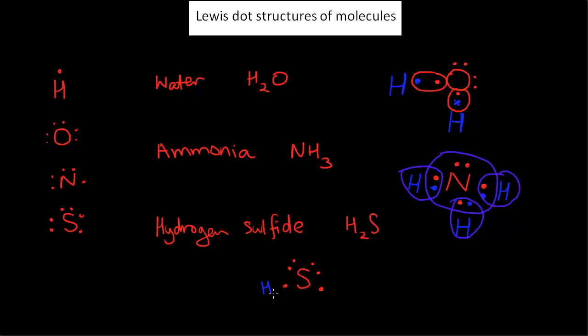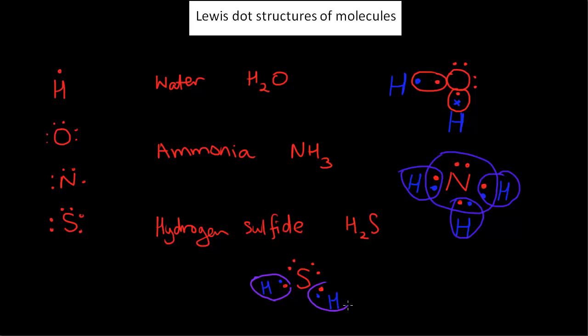And now I'm going to put 2 hydrogens, each one sharing its electron, and so again we have a full valency shell. Can you see how the hydrogens have 2 just as they wanted?